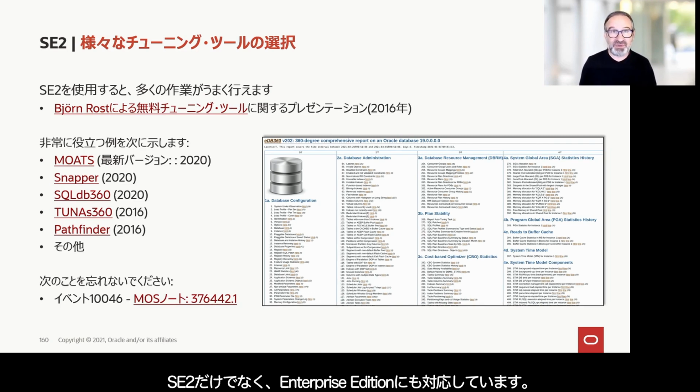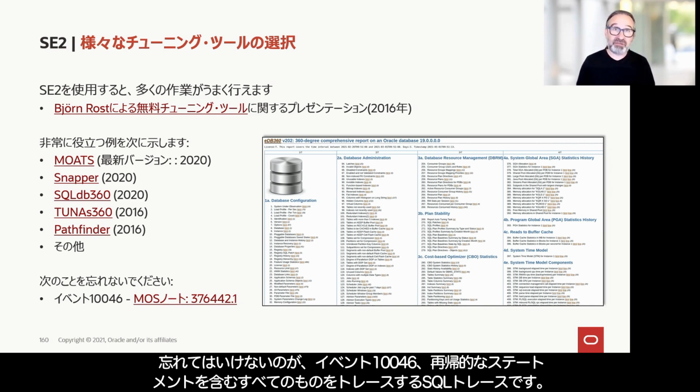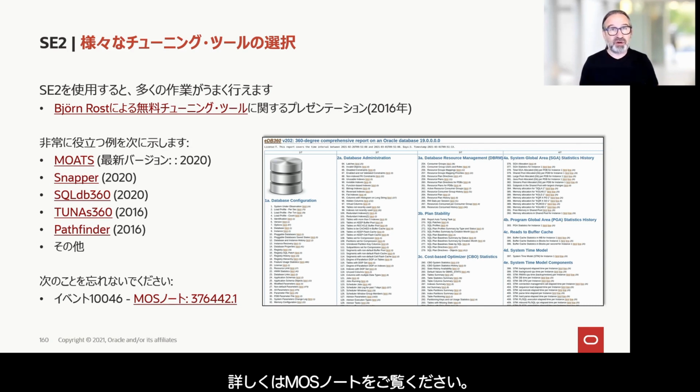Not only on SE2, also on Enterprise Edition, by the way, but most of these tools you can easily use on Standard Edition. Never forget, there's still event 10046, that's SQL Trace, which traces everything, including the recursive statements. So see this MOS note for more information.